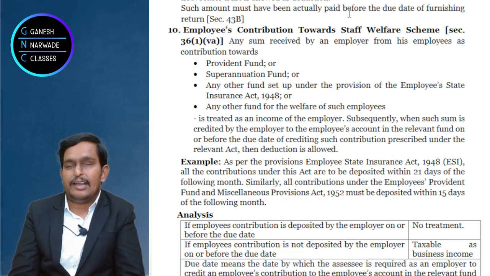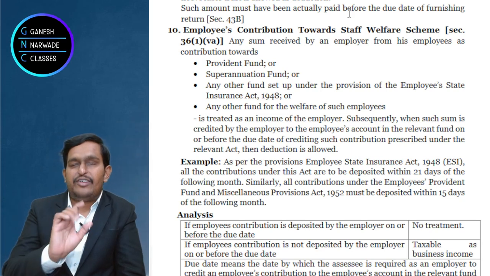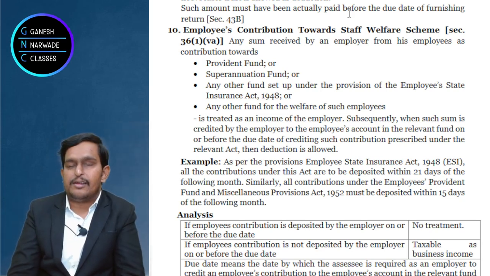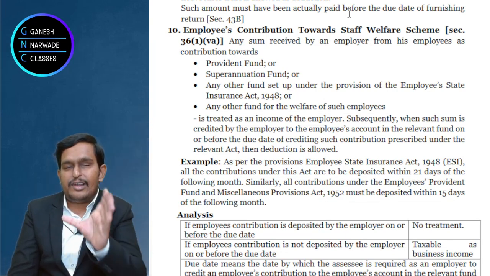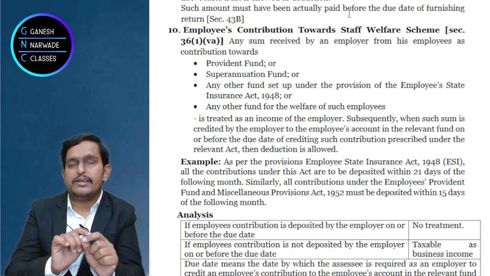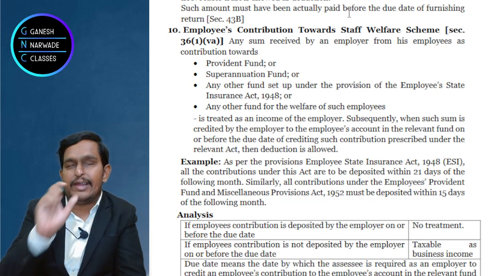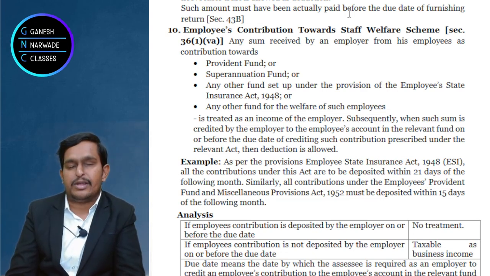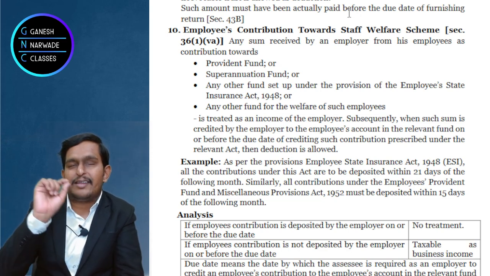Now, I'll tell you. Every law has a respective due date. Like you think about ESI. January month's ESI contribution you should deposit till February 21, that is, the 21st of the next month. February month's ESI contribution till March 21.